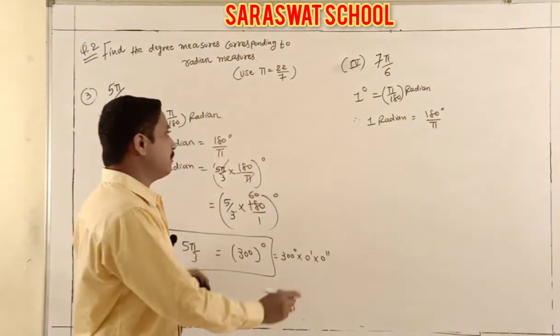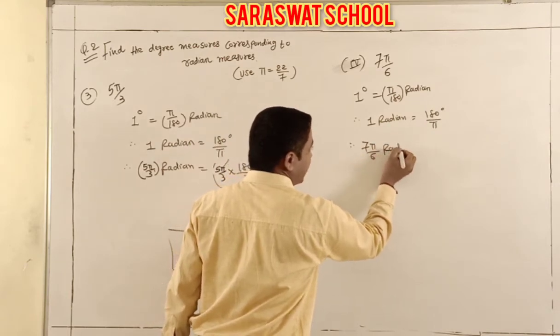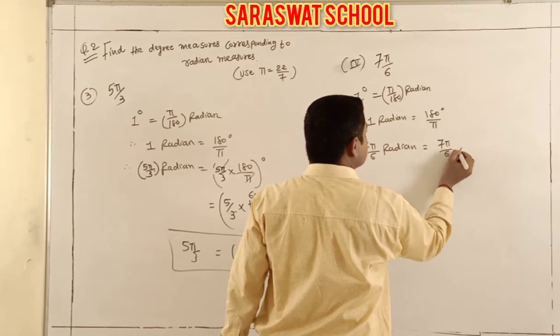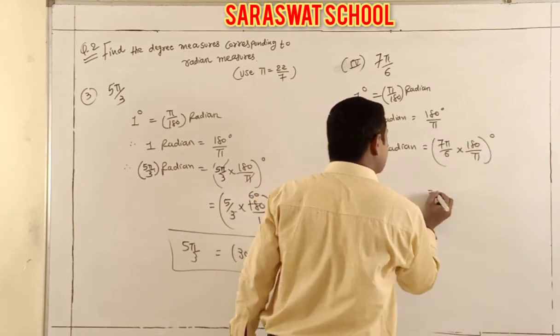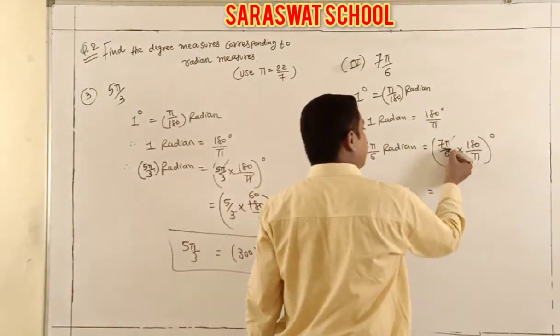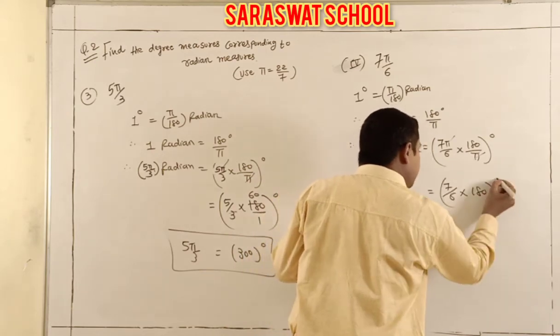That's why, with the same application, 7 pi by 6 radian is 7 pi by 6 into 180 by pi degree measure, and you can easily get our degree measure: pi by pi, 7 by 6 into 180 degree.